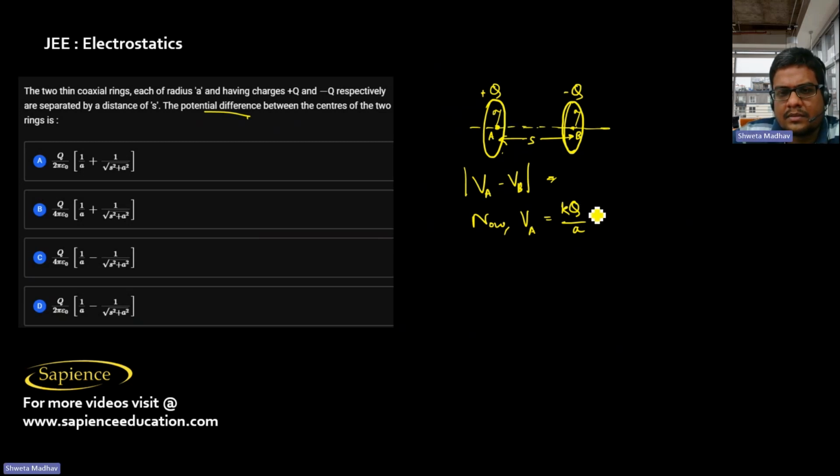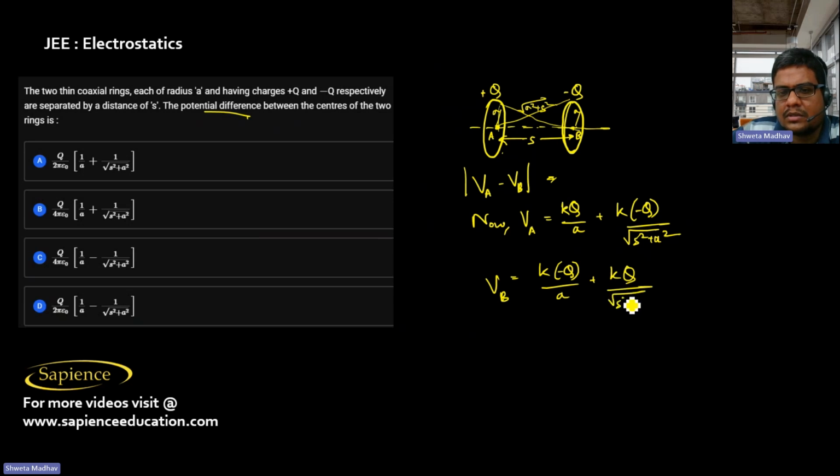Then this will be K into minus Q by this length. This length will be obviously root over A square plus S square. So minus KQ by root over S square plus A square. And VB, the potential at the point B, will be K into minus Q by A plus KQ by root over A square plus S square.